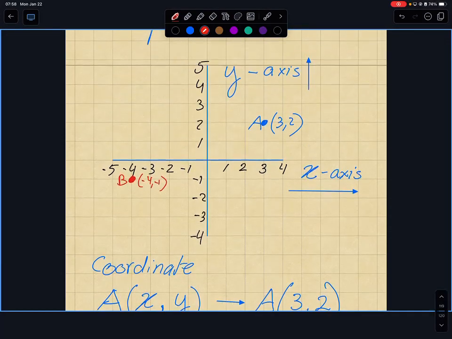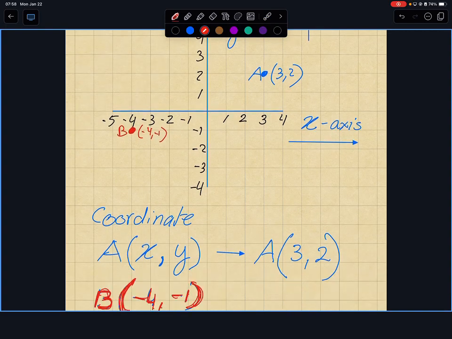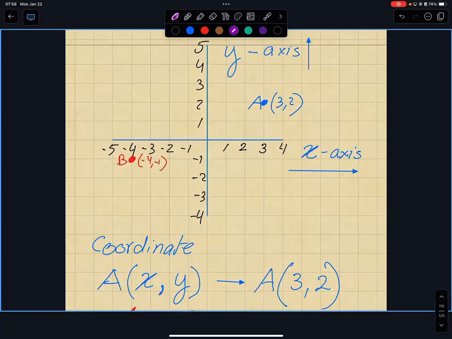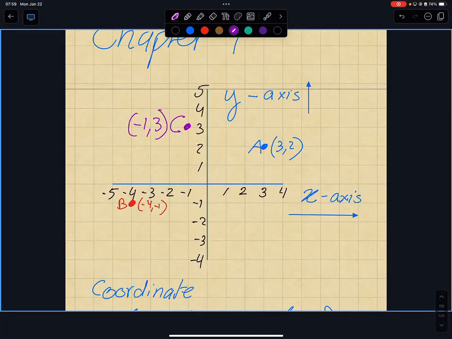C, -3, 1. You move 3 spaces to the left, -3, 1. 3 spaces to the left, -3, and then you move 1 space in the vertical axis. That is C. There it is. C. And the last one is for you.